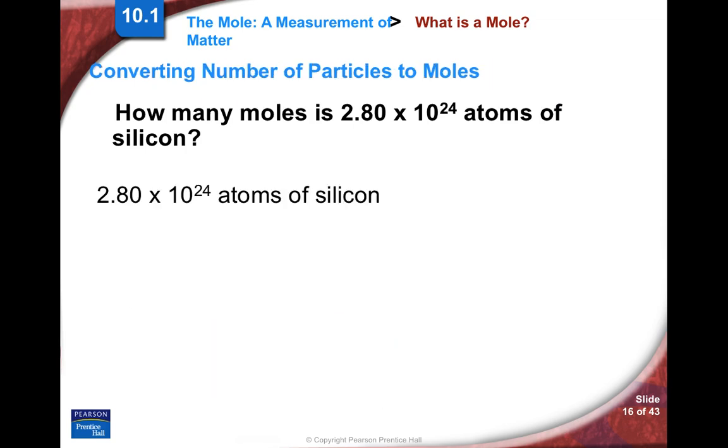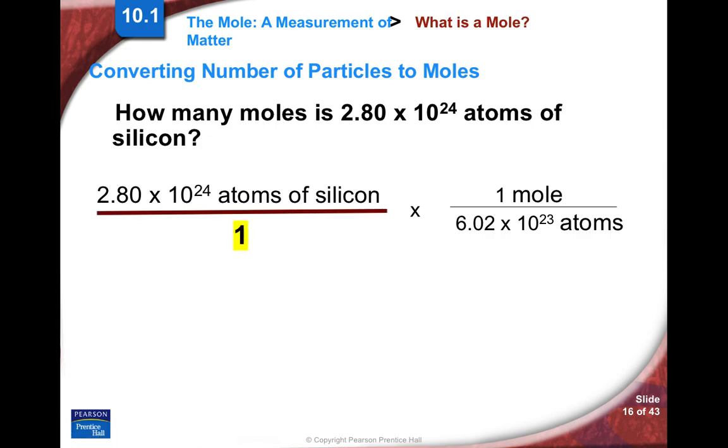So, same problem. Here's what we start with. Always write down what you're given first. Then come up with a conversion factor that has the asked for unit on top and the given unit on the bottom. In this case, the asked for unit was moles. The given unit was atoms. Notice the dividing line here. 1 mole is the same as 6.02 times 10 to the 23rd atoms. Remember that 2.80 times 10 to the 24th atoms can be written over 1.